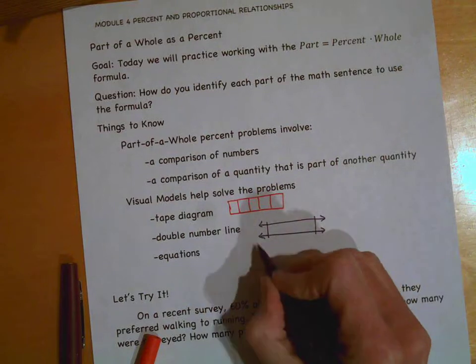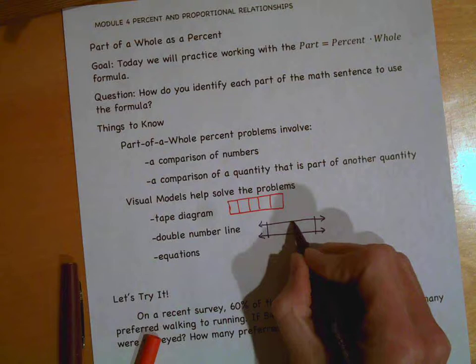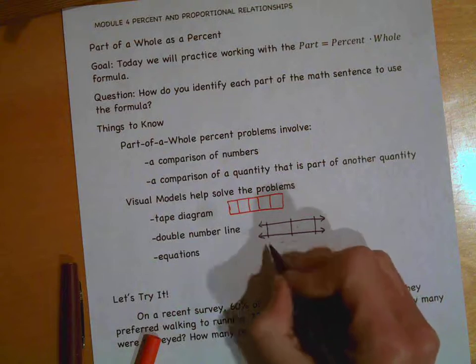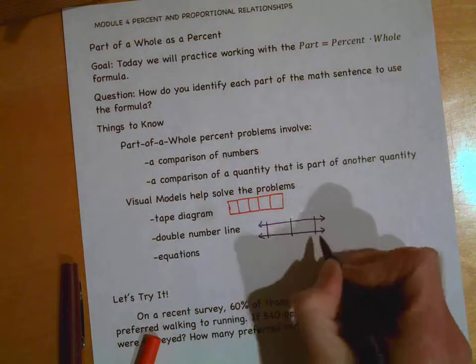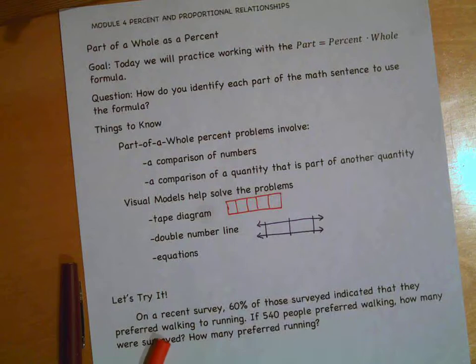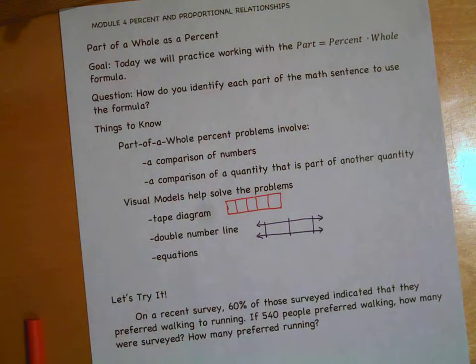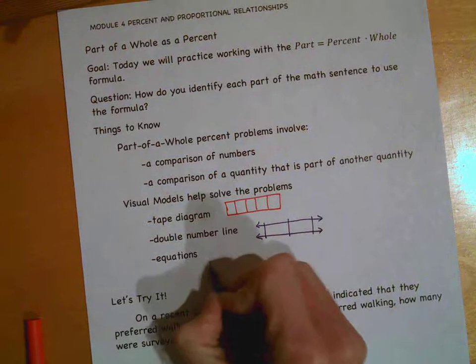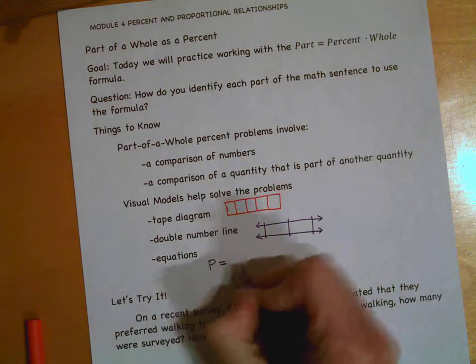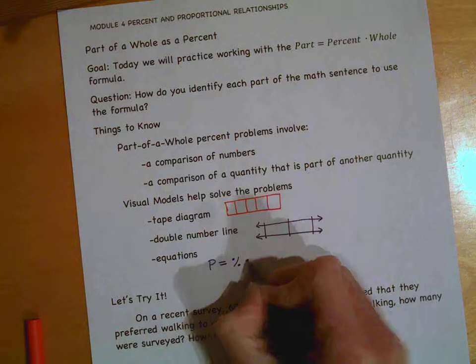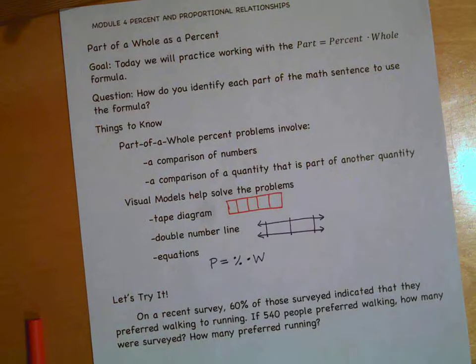You'll name the top number line something, and the bottom number line something else, and the numbers sit across from each other because they're equivalent to each other. And then the equation we're working with in this lesson is part equals percent times whole.